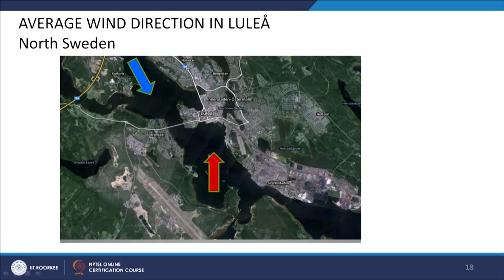Now, to talk about the context of Luleå, it's a very small town up north in Sweden. In terms of wind directions, on one side you have winds coming from the Russian side, which are much colder, and they come sometime in January or February. The other winds come from the southwest. For almost 6 to 8 months, the whole land is covered with snow.